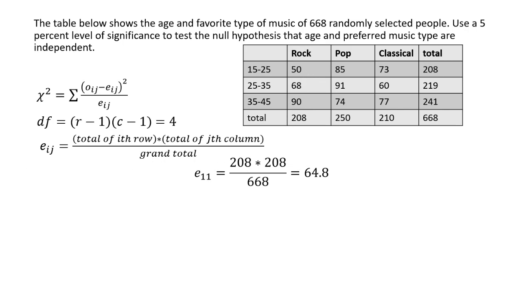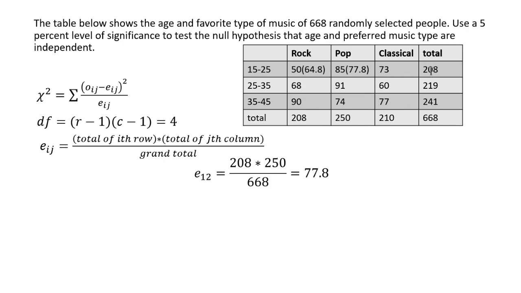Okay, so let's move on. And one nice thing to do is often people write the expected value in parentheses so that you can compare the two numbers. You would expect this much, but the actual value is 50, so it's very different here. So you can do that kind of analysis for the other ones. Let me just do one more.